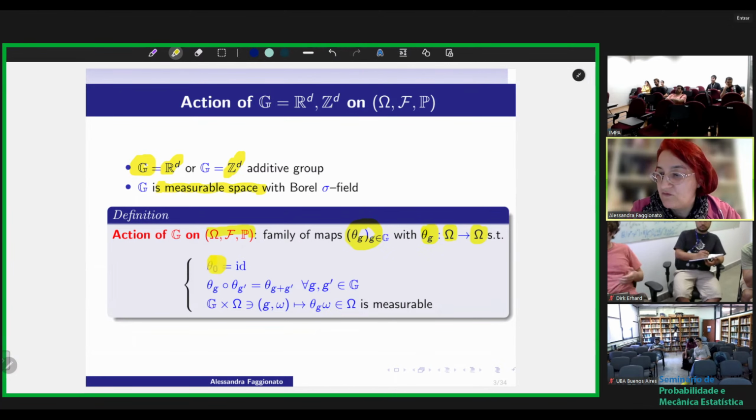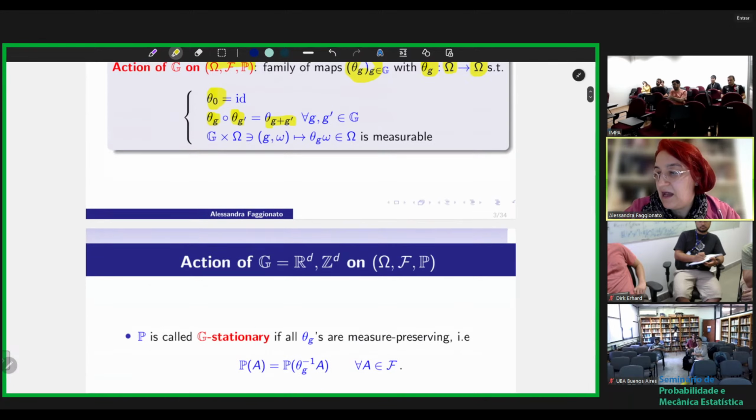Theta_0 is the identity. Then you have the group property: theta_g composed with theta_g' is equal to theta_{g+g'} for each g' in the group. And then you have the joint measurability of theta_g(omega), both in g and in omega.